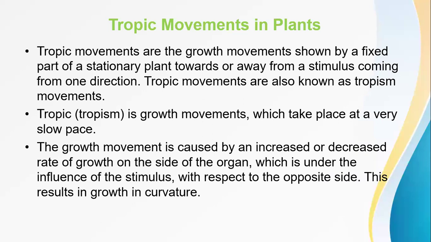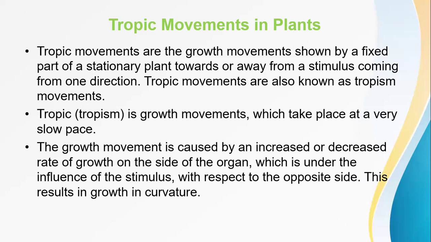Now let's see the tropic movements in plants. The tropic movements are the growth movements shown by a fixed part of a stationary plant towards or away from the stimulus coming from one direction. So the tropic movements are just the movements that are shown by growth of the plant, whereby they are shown by a fixed part of the stationary plant towards or just away from a stimulus coming from one direction.